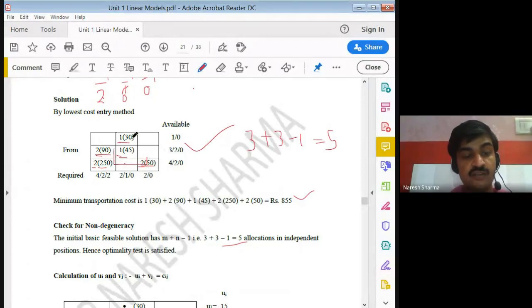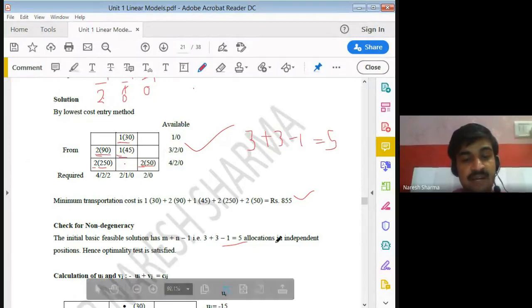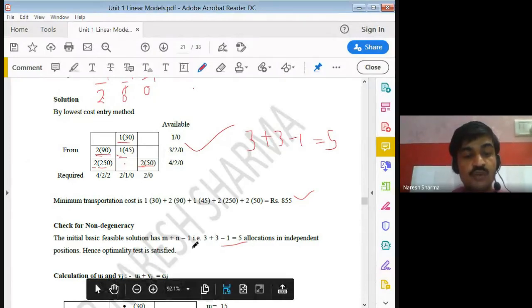If you start from this, again you can stop. So no closed path is possible. So your given solution is independent also. If these two conditions are satisfied, that means the optimality test can be done, and it is not a degeneracy case.